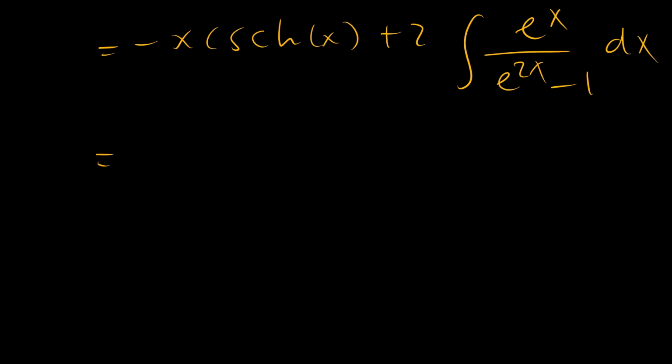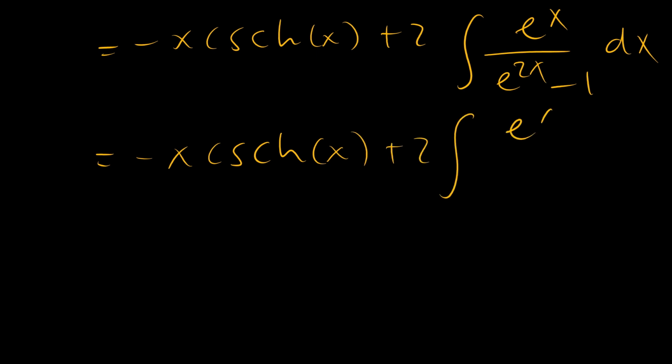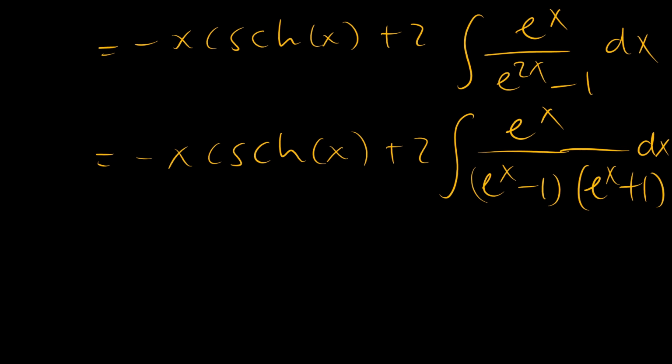So this is plus 2 e to the x over e to the x minus 1 times e to the x plus 1. Difference of two squares. And so we can use partial fractions there.